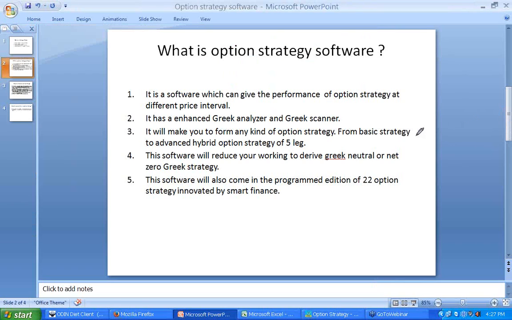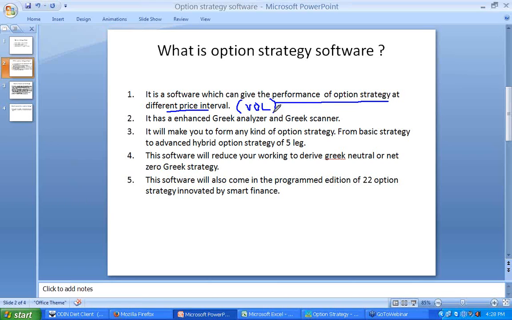What are the benefits of the software? This gives you the performance of an option strategy at different price intervals, and these price intervals are derived using the volatility, a concept developed by Smart Finance.